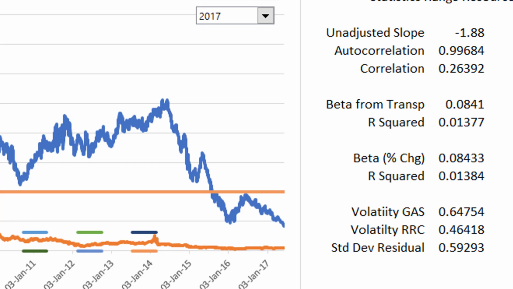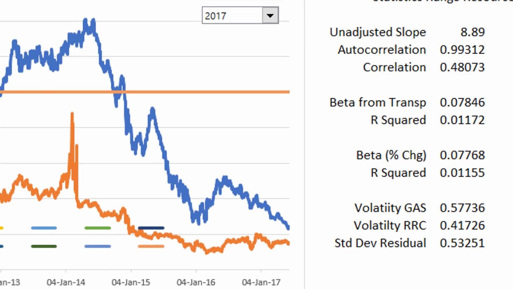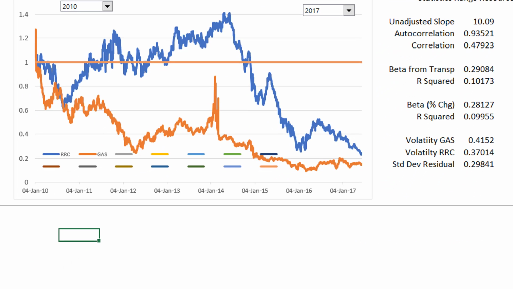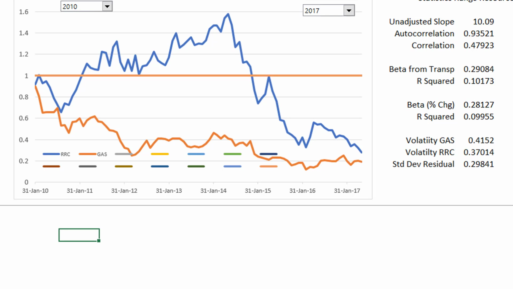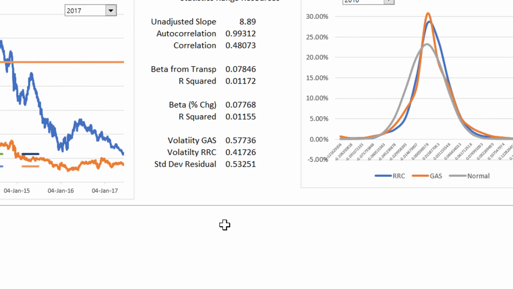And now let's kind of move the gas price and move down to 2010. Now there seems to be more of a relationship, although this beta isn't really showing one, and we have a 57% volatility on a daily basis and a 41% volatility on a monthly basis, showing some mean reversion.